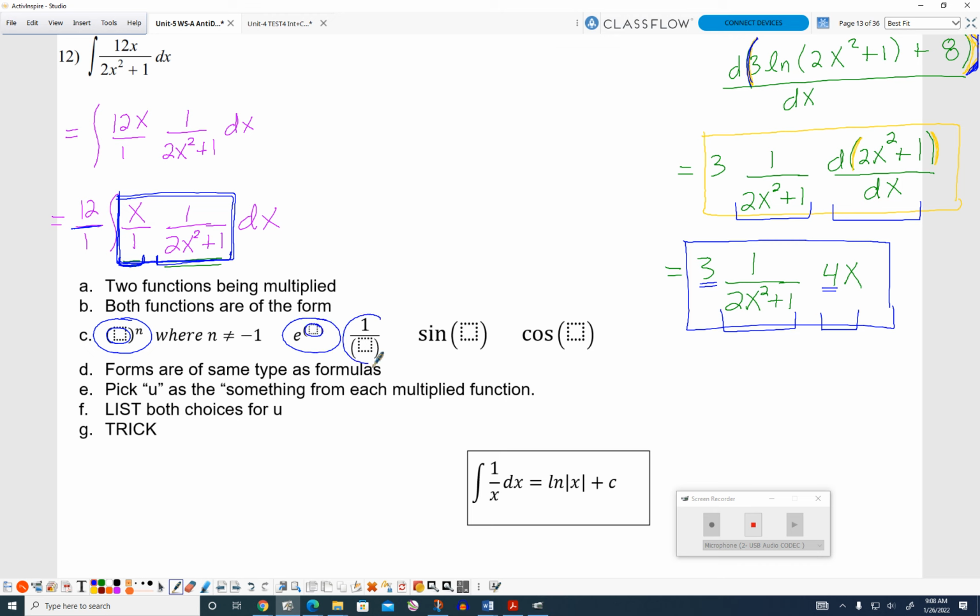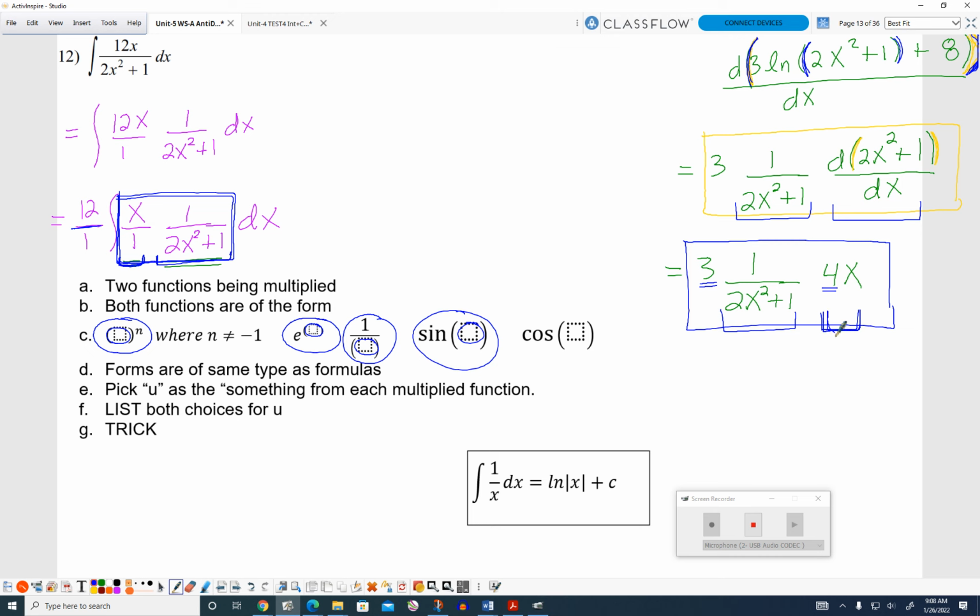Same thing here. So up here, we had 3 times the natural log of this thing that's inside. And then we took the derivative of this thing here. That's how we got this 4x, like that.